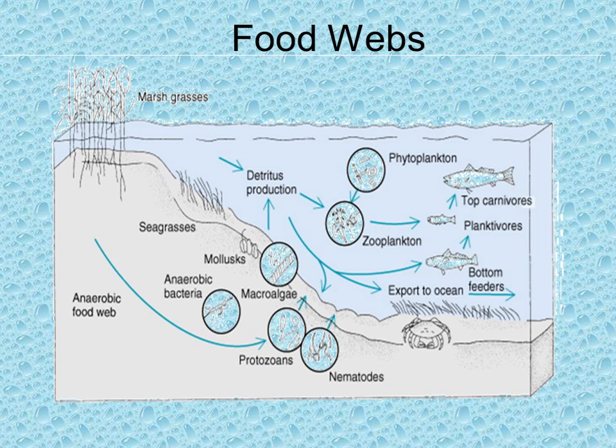Now, in these marsh areas, there's a lot of different food webs that take place and a lot of different trophic levels. So you have protozoans, nematodes, anaerobic bacteria, and those things get all used up by different macroalgae. They work their way through the soils. Those can get used by different bottom feeders, whether they typically eat just plankton or whether they eat other fish like top carnivores.